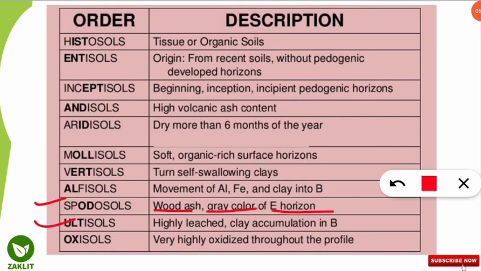Next, ultisols, which we have discussed in the question, highly leached, clay content and acidic soil. Next is oxisols. This question has also been asked in the UGC NET exam and in other environmental science examinations. So oxisols are very highly oxidized. That means throughout the profile the oxygen concentration is more. That's why it is called oxidized soil or oxisols.